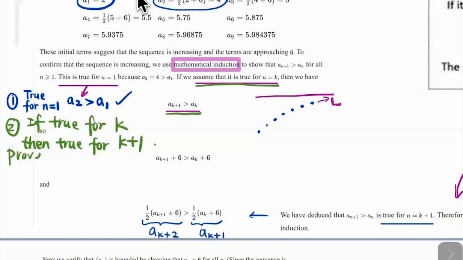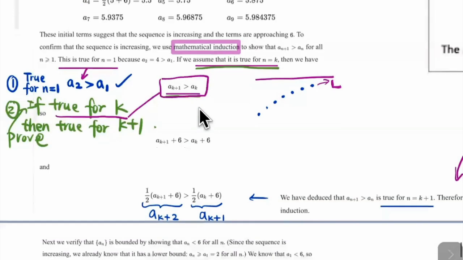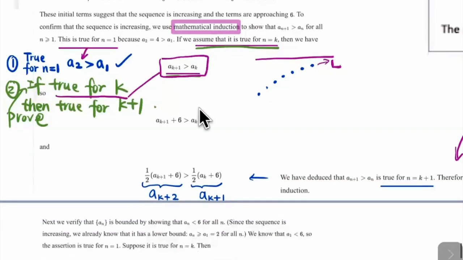How can I prove this? If it's true for k, then you will have a(k+1) is greater than ak, right? This is what it means. True for k, so you will have this. But what does it mean to be true for k plus 1?